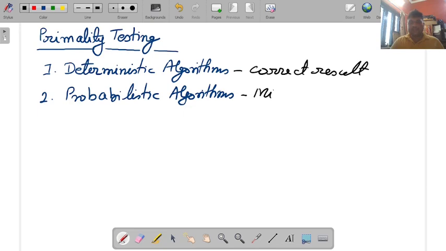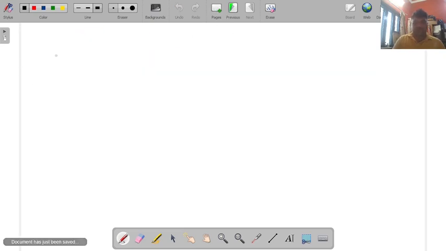And in the probabilistic algorithm, we have already discussed the Miller-Rabin test. It gives 90% correct result and 4% might not be correct. But today we will focus on the deterministic algorithm. So let's learn the deterministic algorithm.